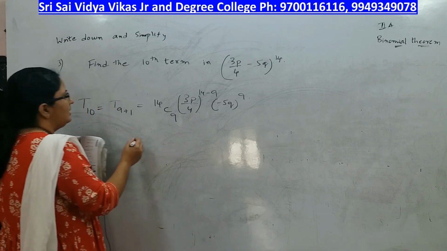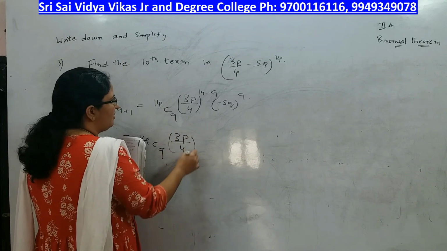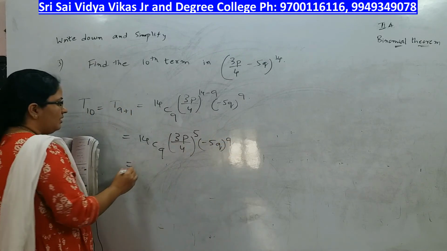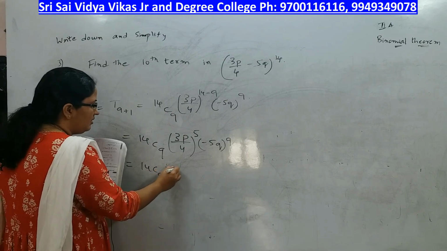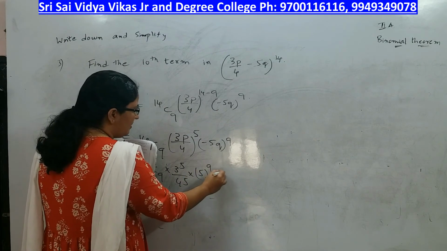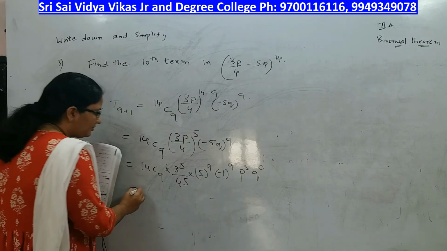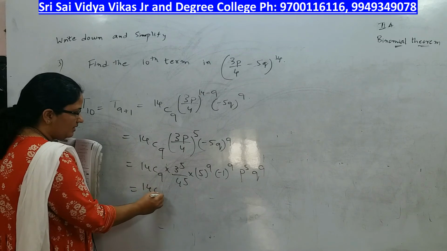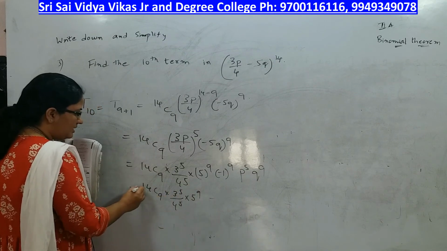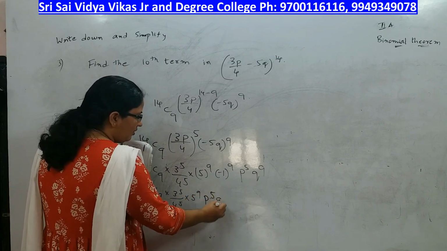So this is nothing but 14C9, (3p/4) whole power 5, (minus 5q) whole power 9, which is 14C9 into 3 power 5 by 4 power 5 into 5 power 9, and since this is minus 1 power 9, you get minus here, p power 5 q power 9.